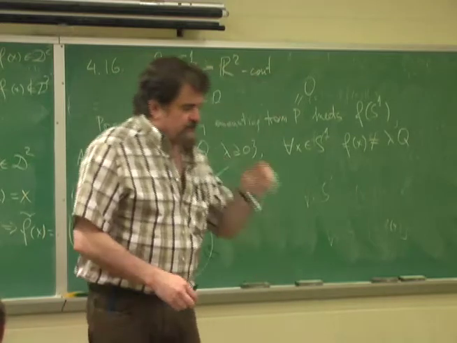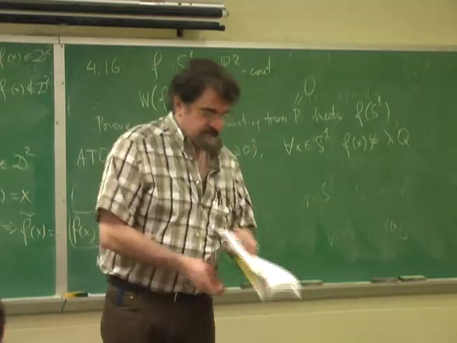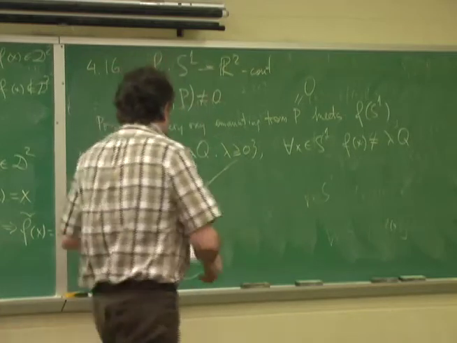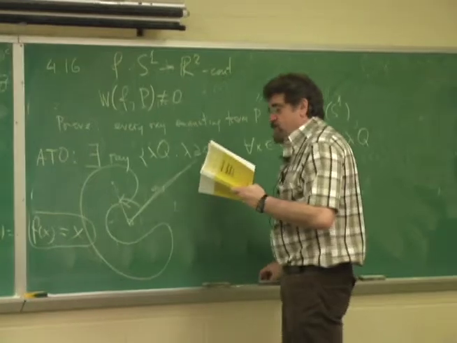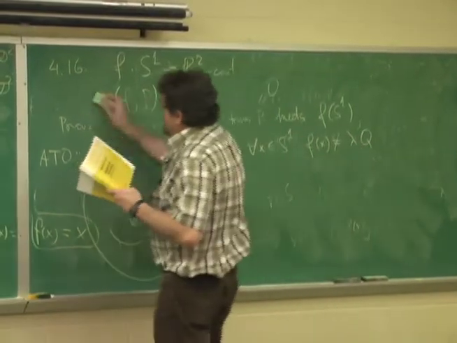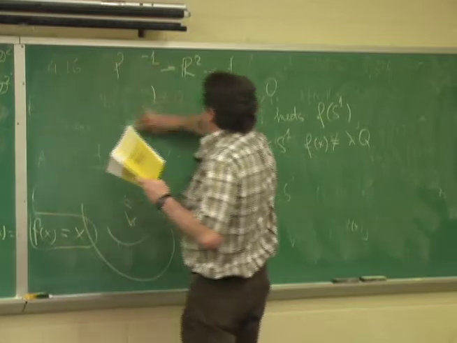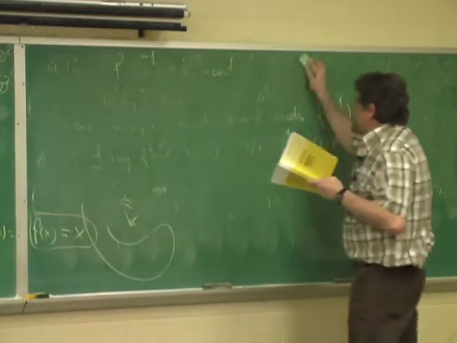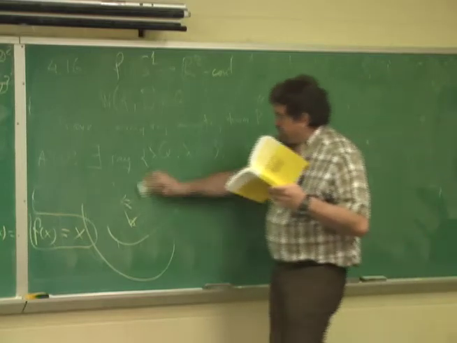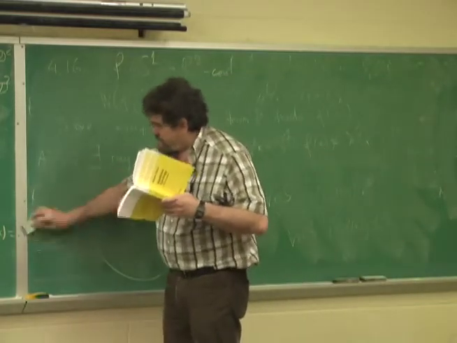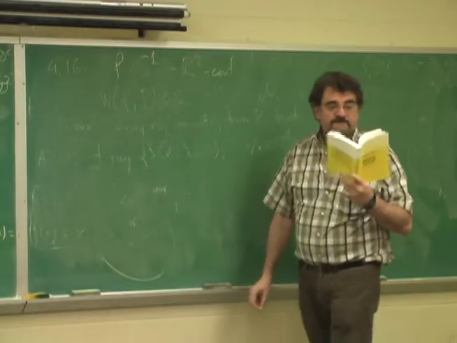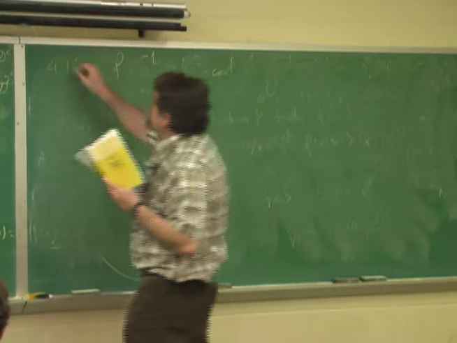And one more problem. Oh, 417. Last time we did 418. 418 is that in infinite dimension the ball does not have the fixed point property. It does have it in any finite dimension, but not in infinite dimension. 417.